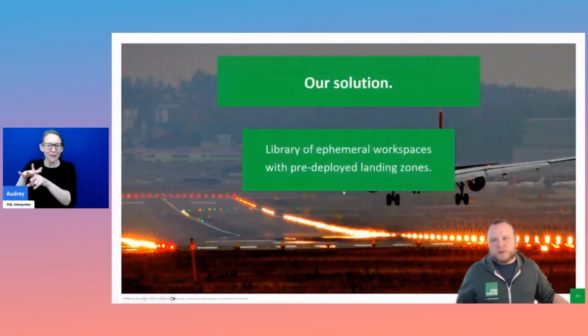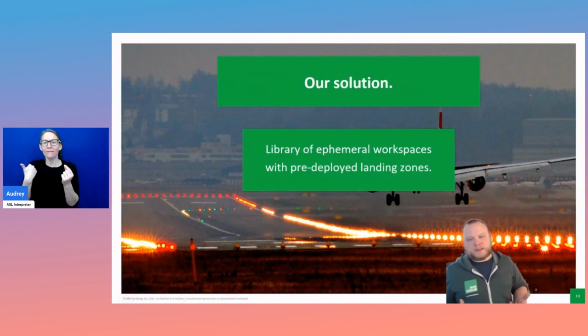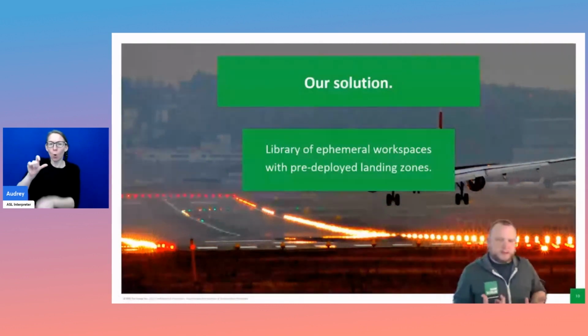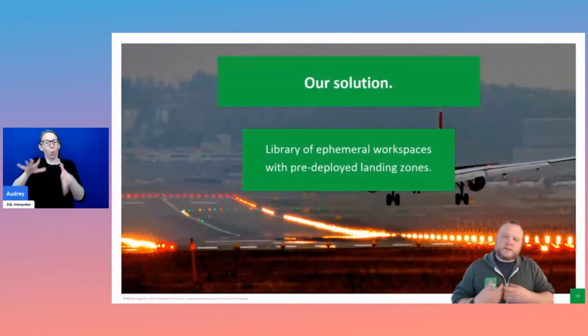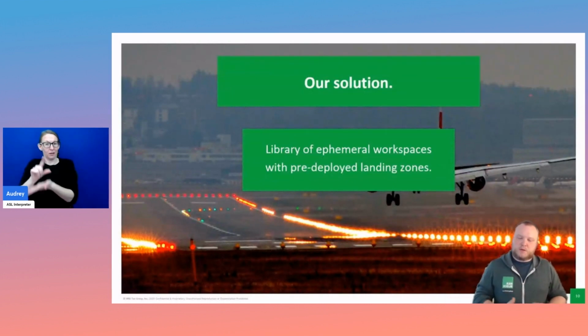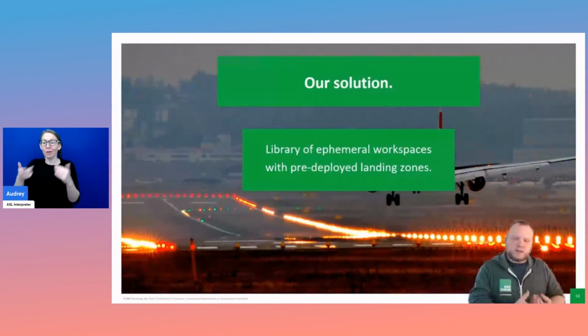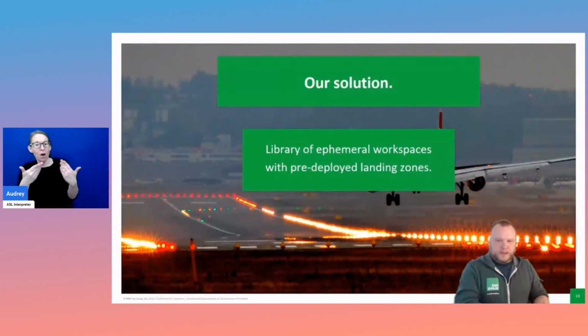So in order to solve this, we have created a library of ephemeral workspaces with pre-deployed landing zones. Those workspaces and landing zones already exist and are available for engineers to use. When they check one out, they are given access to the pre-deployed landing zone.